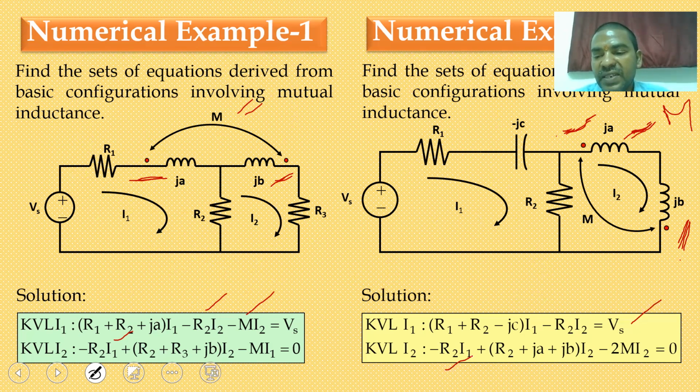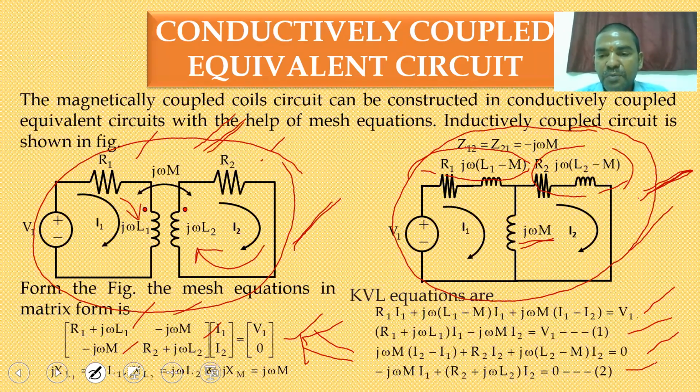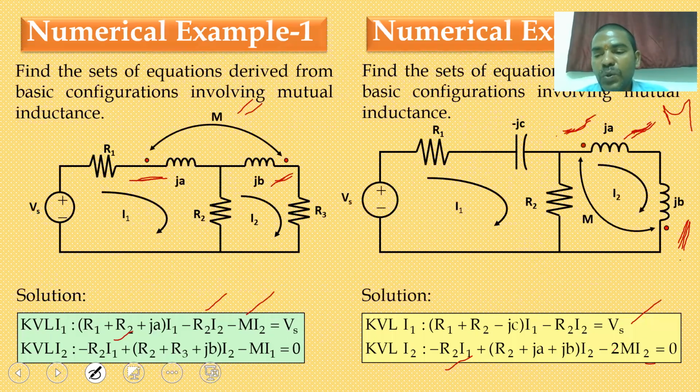For a series connection of two coils, I already told, it is minus. So minus 2 times M into I2 is equal to 0. Like this you have to write the KVL equations.